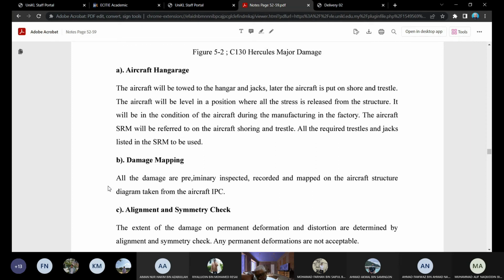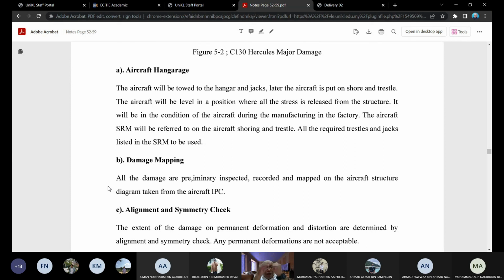Another thing you have to do, for example if you have a major defect, is an alignment and symmetry check on the aircraft structure, because first, the regulation does not allow you to have permanent deformation on the structure. You can see the fuselage and wing bent up, 5 meters, 3 meters, but when the aircraft has landed and is on the ground, you don't see any of those.